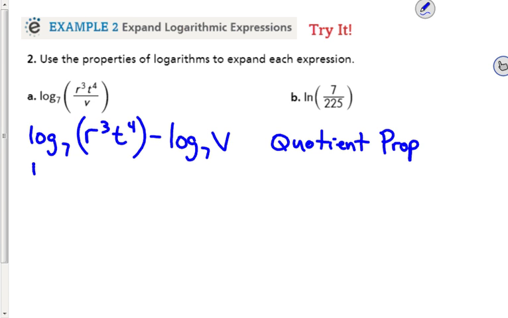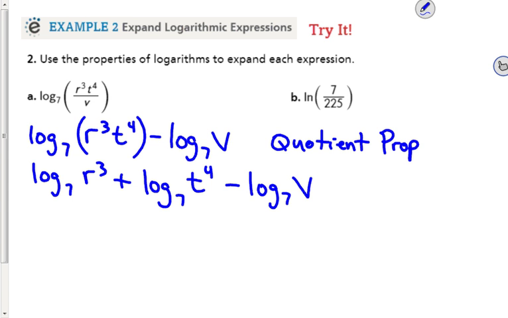So I end up getting log base 7 of the first multiple, r to the third, plus log base 7 of the second, t to the fourth. And now I can bring down the minus log base 7 of v. And that all stemmed from the product property.